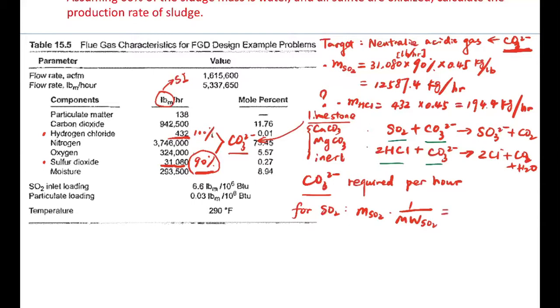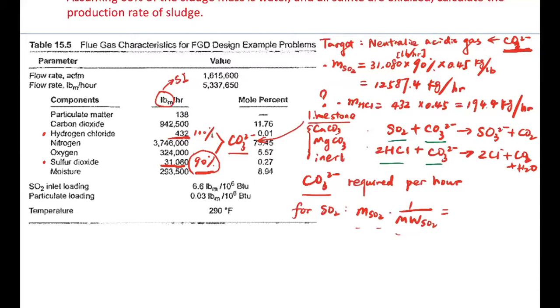For the sulfur dioxide, it reacts with the carbonate ions at a stoichiometric ratio of 1:1. So the moles required for the sulfur dioxide is just the mass flow rate divided by its molecular weight.